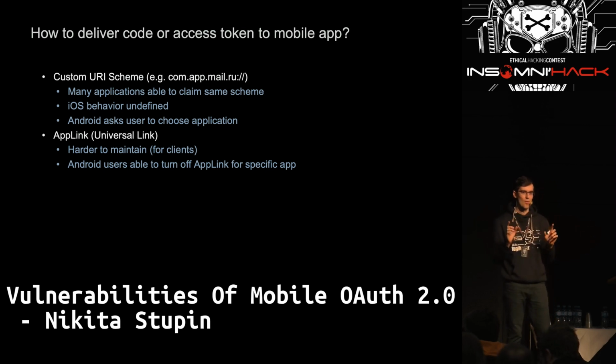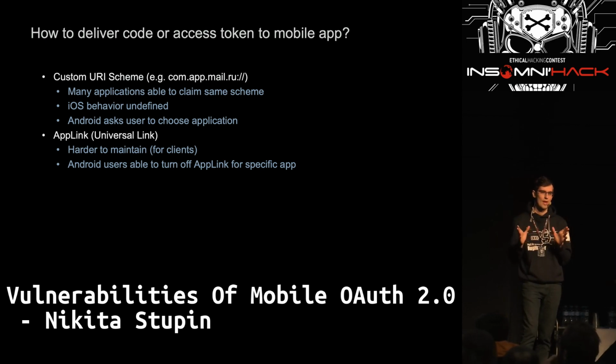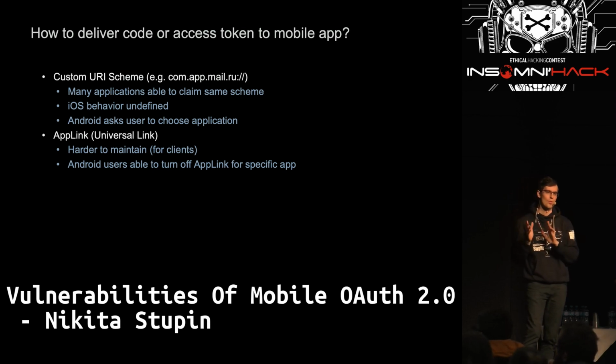But instead of HTTPS or FTP, you can write anything you want, like foobar:// and so on. Any time a browser or another app sees that link, it will open the app which claimed the scheme. For example, your app claimed the scheme foobar://, and whenever a browser or native app sees that scheme, it will open your app. Sounds pretty simple, right?